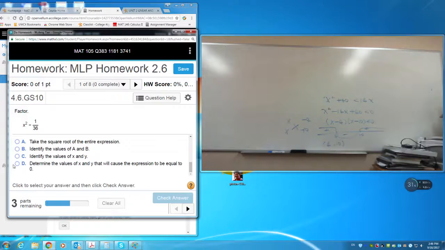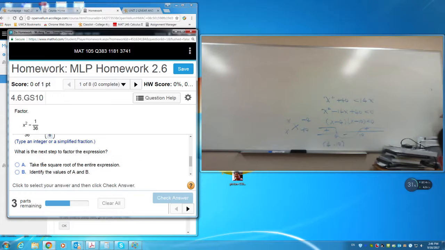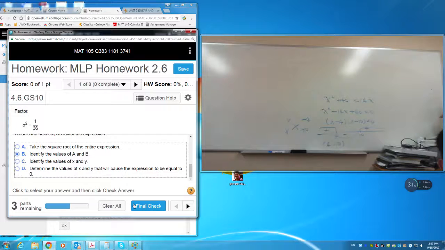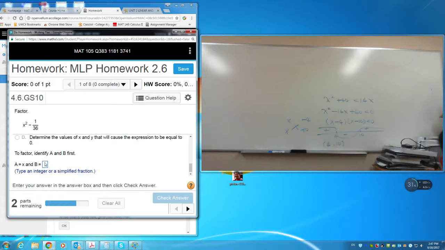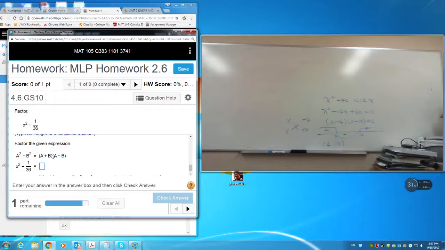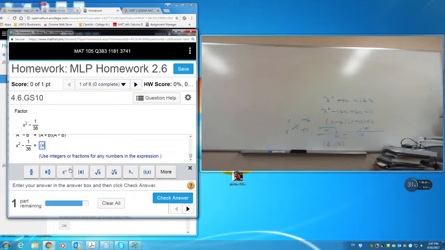Identify the value of a and the b. So a equals x, b equals 1 over 6. Okay, the answer is x plus 1 over 6 times x minus 1 over 6.